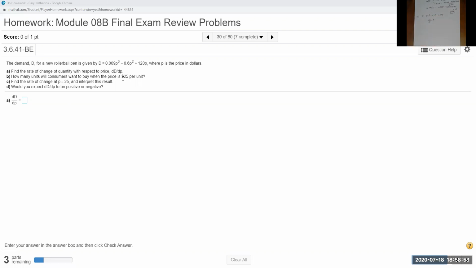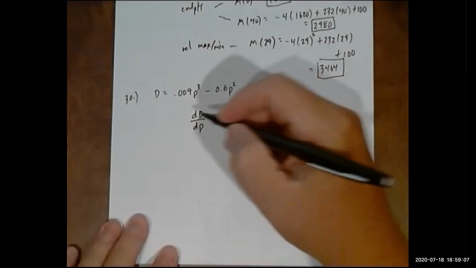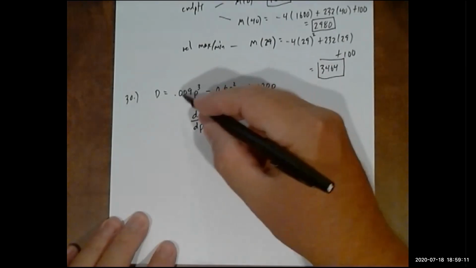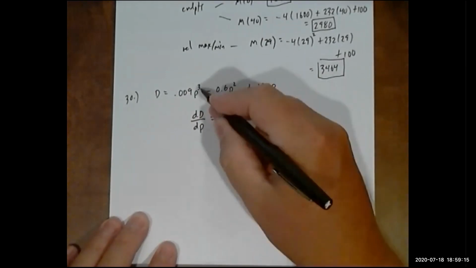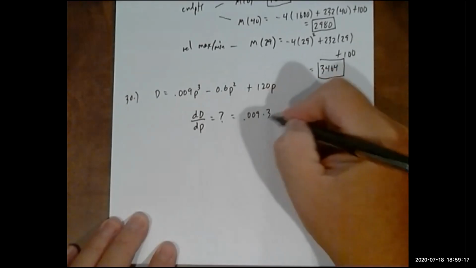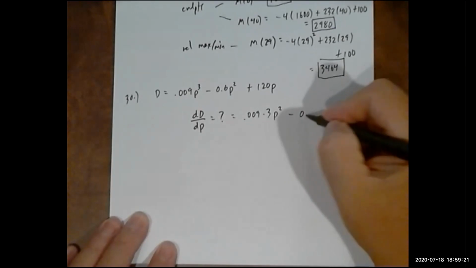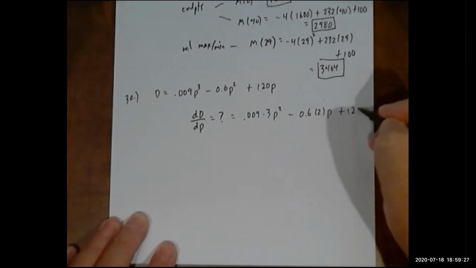First question, find the rate of change of quantity with respect to the price, dD/dP. When they write dD/dP, they give you a pretty big hint as to what they're looking for. They're looking for the derivative of this demand function with respect to P. Looks pretty straightforward. So 0.009, you bring the 3 down, right? We know how to take derivatives now. Minus 0.6 times 2 is 1.2P, plus 120.